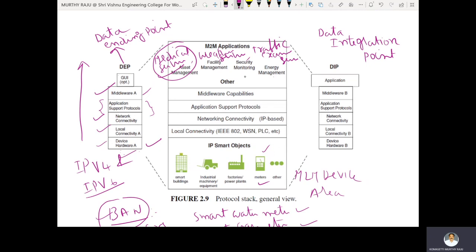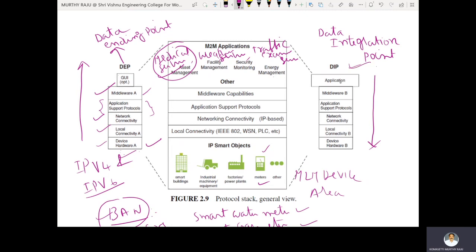For security information in your home, some surveillance cameras are fitted. In any apartment, at different places, surveillance cameras are fitted. These cameras generate the data, and that data is stored in the security monitoring server. In this case, in middleware B, it is the top to bottom data integration point.